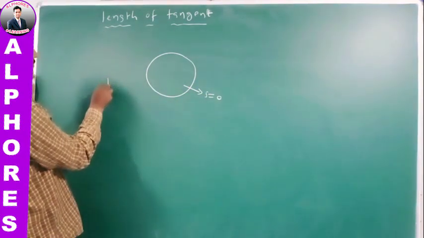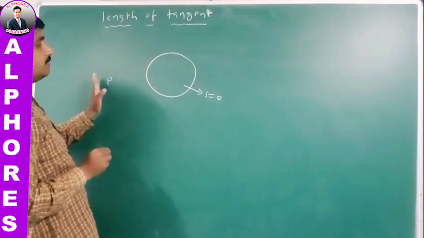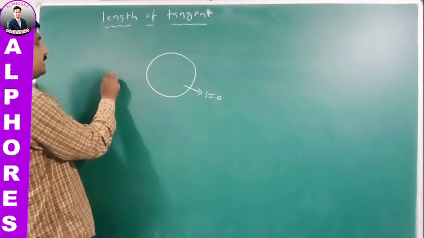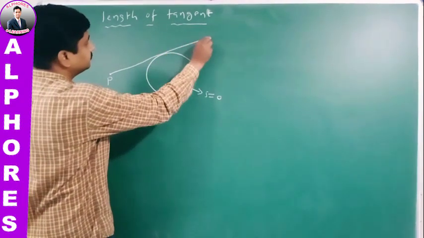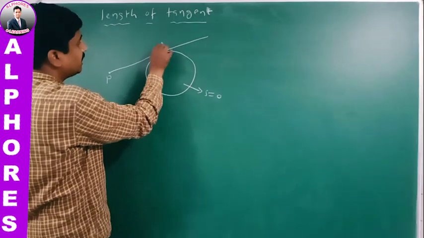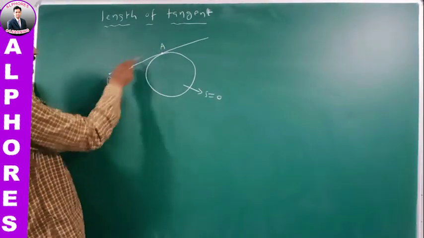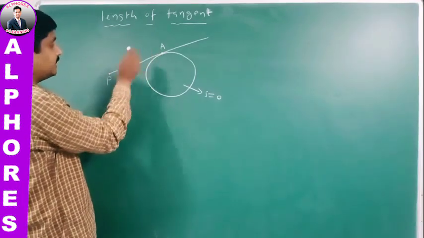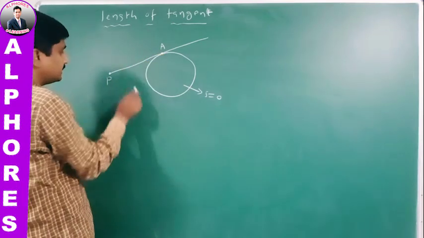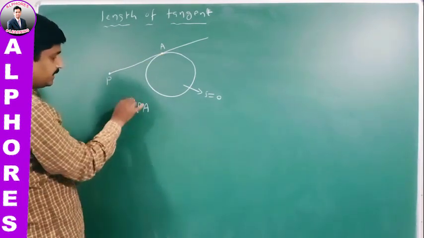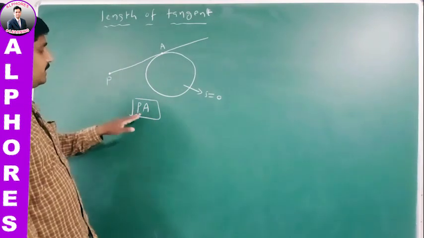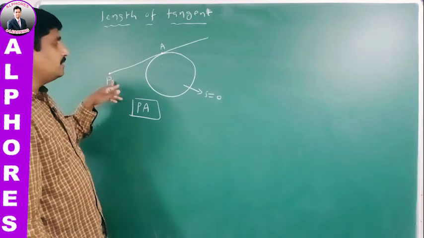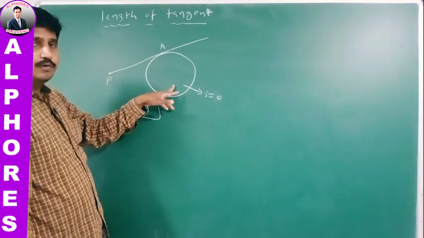Here P is an external point to the circle S = 0. If a tangent is drawn from P to this circle and touches it at the point A, then PA, the distance between P and A, is called the length of the tangent from the point P to the circle S = 0.